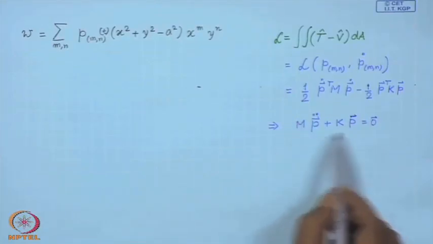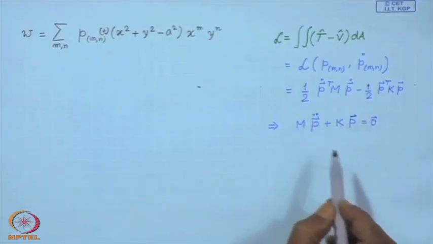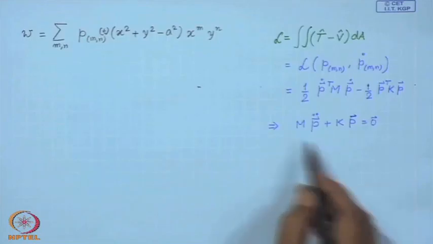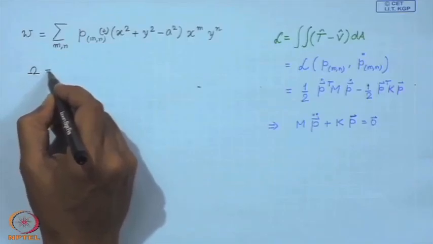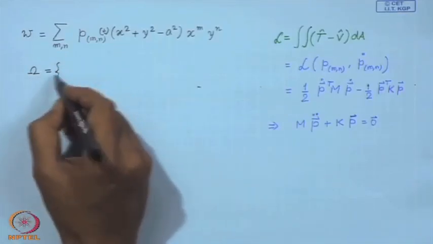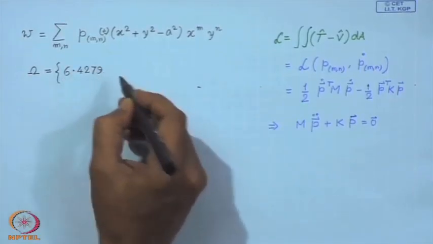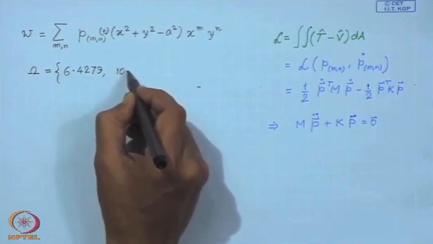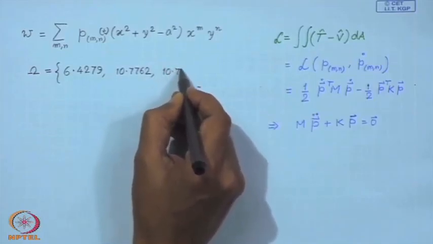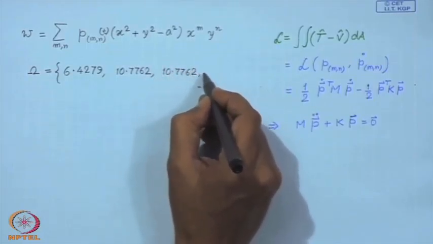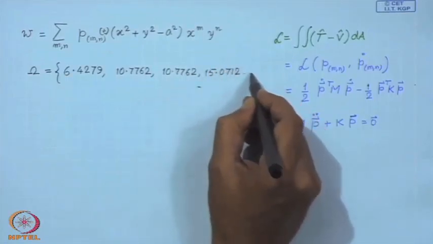So, these are the mass and the stiffness matrices of the discrete problem. Now, if you perform the modal analysis of this, then the natural frequencies, the first few of them, are etc.